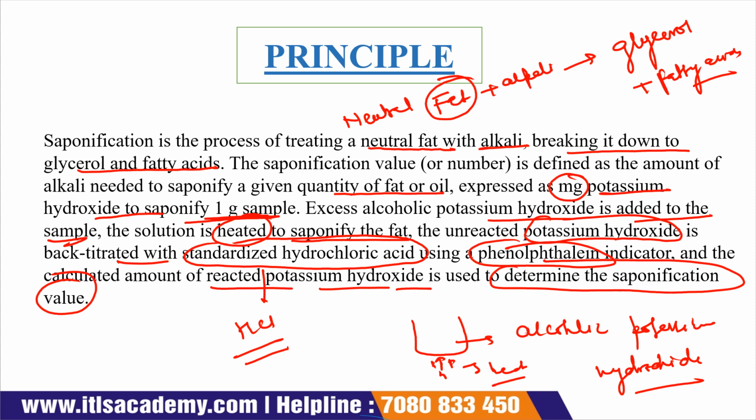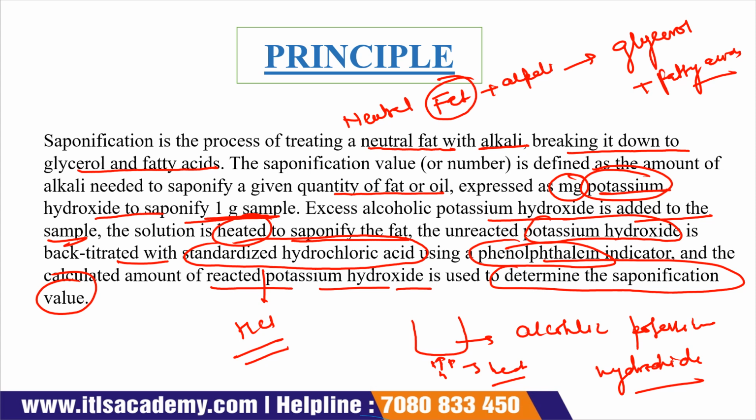We treat this neutral fat with an alkali, and it is divided into glycerol and fatty acid, and saponification value is defined as the amount of alkali needed to saponify the given amount of fat or oil, and it is expressed as potassium hydroxide. Here alkali is potassium hydroxide, the milligrams of potassium hydroxide required to saponify the 1 gram of sample.